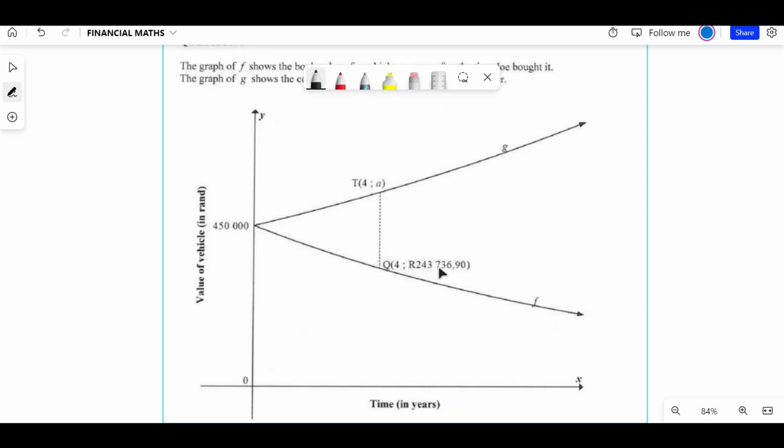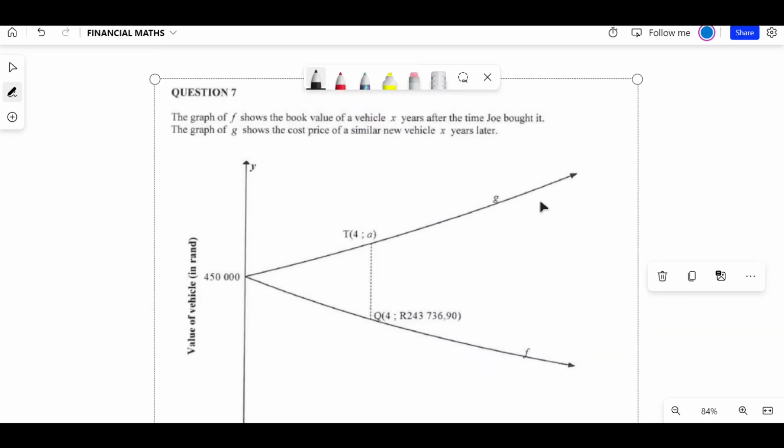That's the meaning of it. But there are these two graphs, F and G. F is the book value, the depreciated value of the vehicle. G is the inflated value of the vehicle.